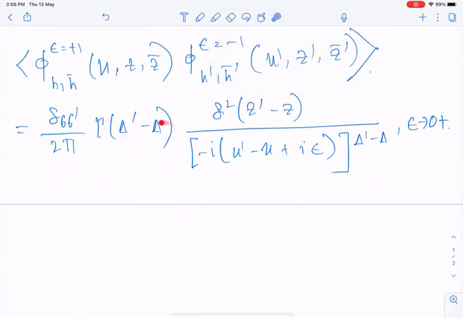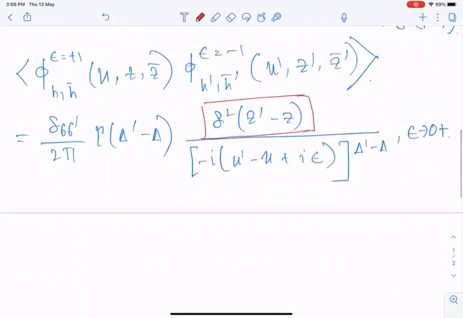You have this gamma function, and the important object that I want to emphasize is this delta function. So basically, this 2-point function.